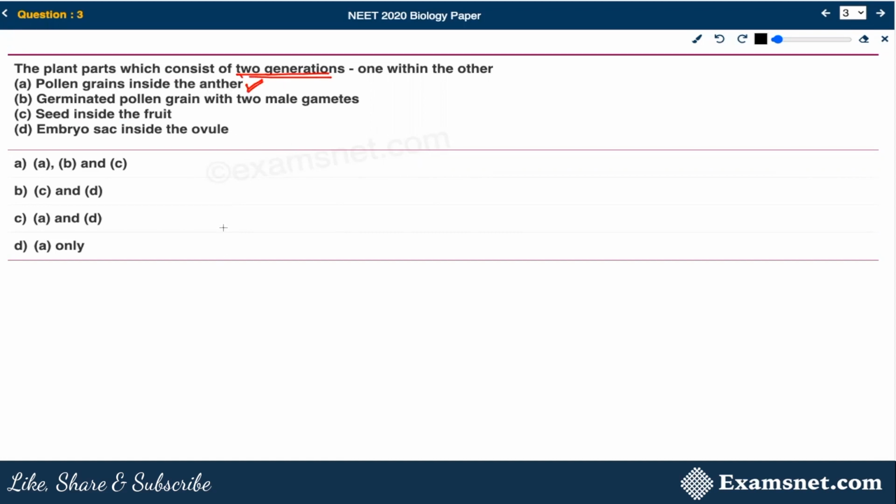and this pollen grain is produced in the anther. What will be the answer? The answer is basically option A. This will be the correct answer. Why? Because these pollen grains are produced inside the anther and we know that anther is diploid, which means 2N, while pollen grain is haploid.